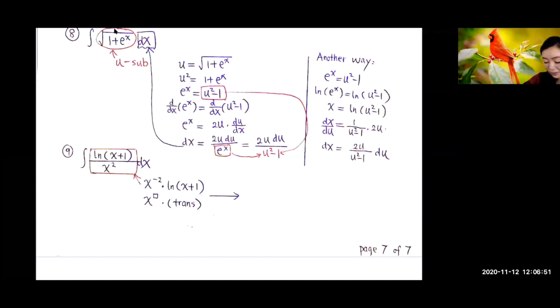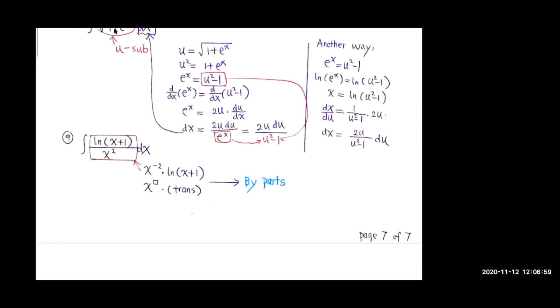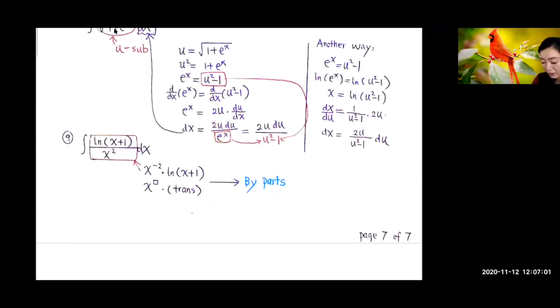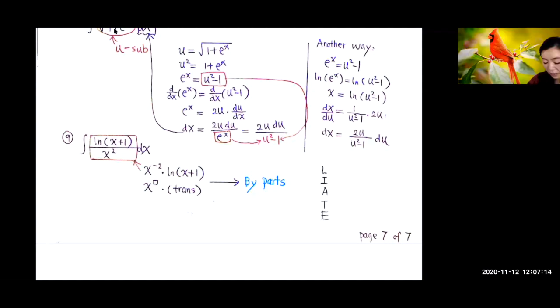They're saying in the chat by parts. Okay, by part. So what am I going to let u be in this case? ln of x plus 1.